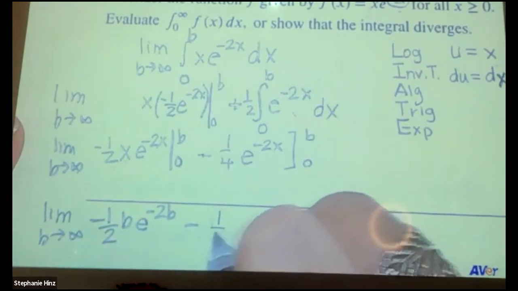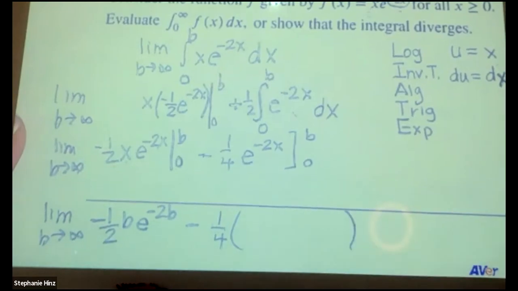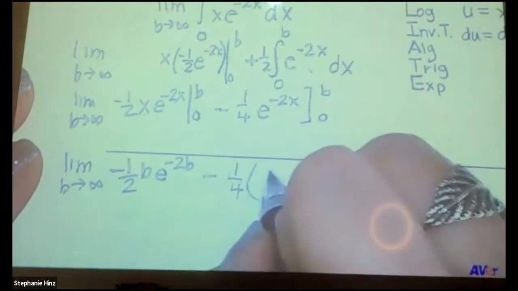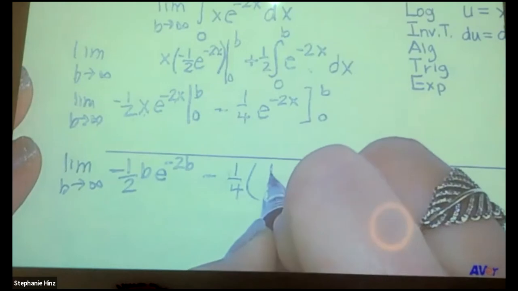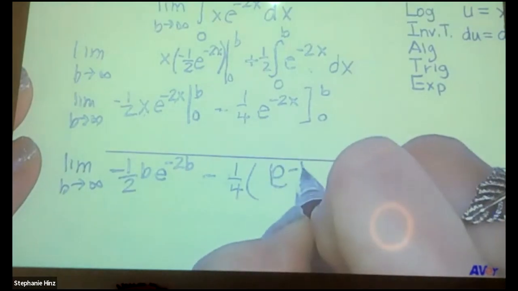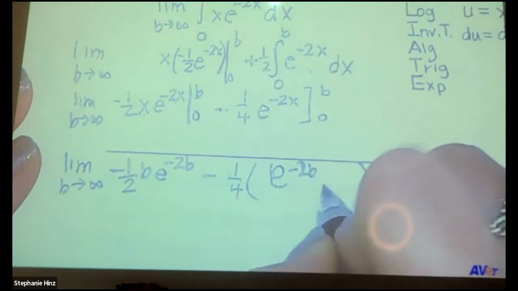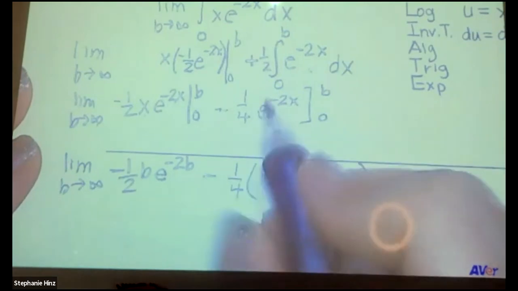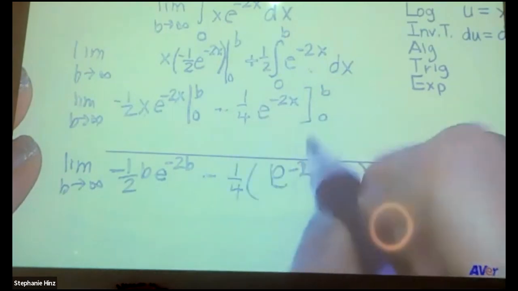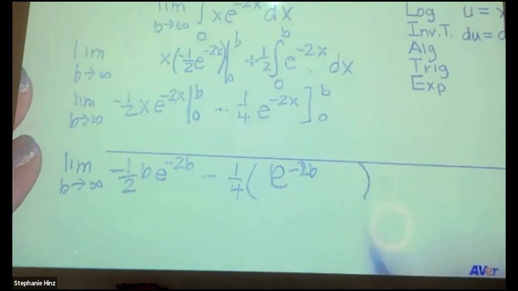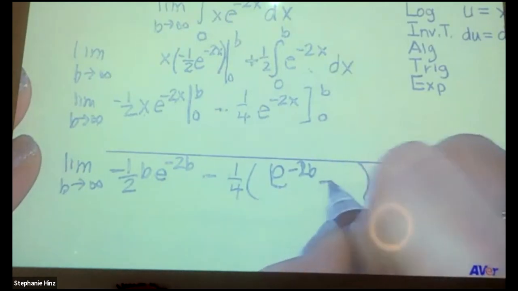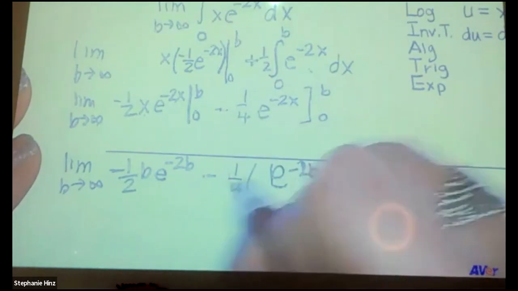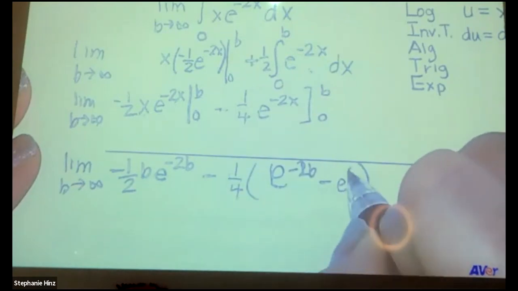Minus, I've got 1/4. We're going to get there eventually. And so this is going to be e to the negative 2b. And then this is minus 1, the 1/4 is in the front, and then I've got e to the 0.